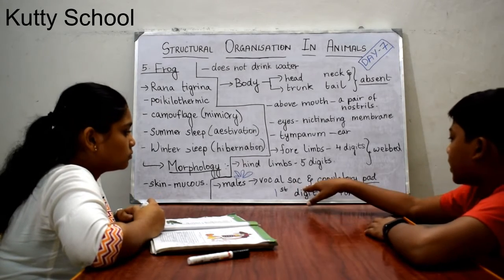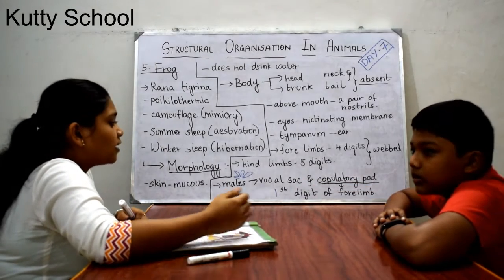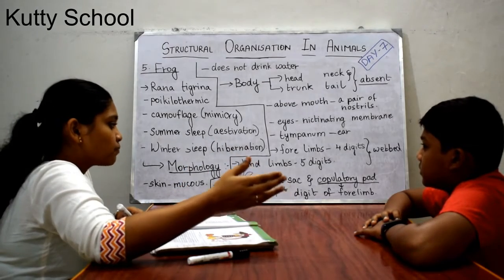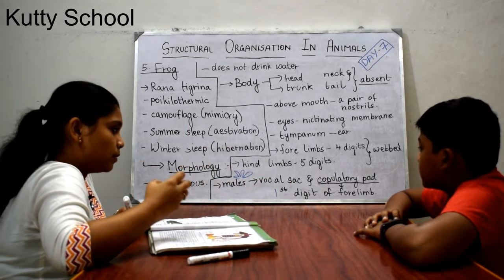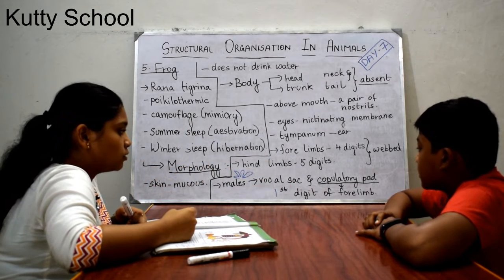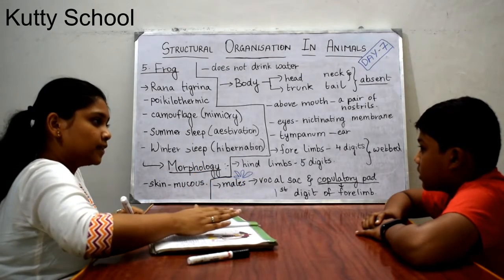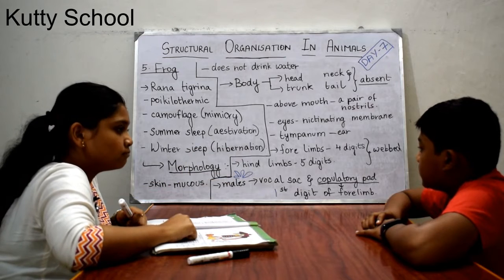What is copulatory? It is a structure to attach to another frog or to fix the forelimb to other objects, so it can hold properly. It attaches to another frog by holding it tightly, because the frog's skin is slippery. That is what the copulatory pad is.